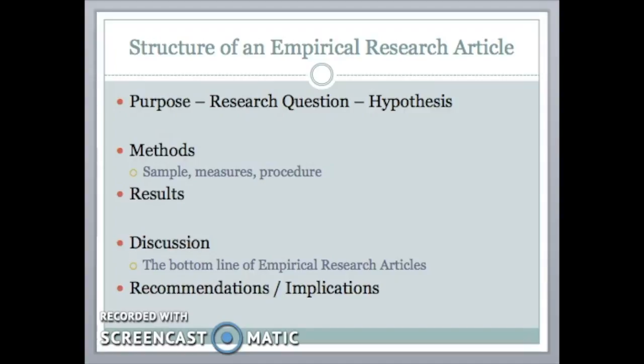This is a way to check the researchers. They have to tell us everything. There are no secrets. So our sample tells us the group of people being studied. Our measurement tool tells us how the researchers collected the data, what they used, and the procedure tells us step by step everything they did to collect that data.